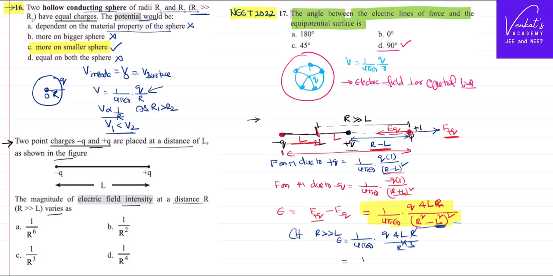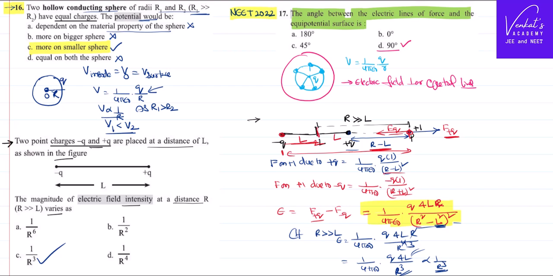So, this is 1 by 4 pi epsilon naught q 4L by R cube. So, that is inversely proportional to R cube, that is the answer for the problem. You want just that relation, you do not need all these constants. So, it is inversely proportional to R cube.